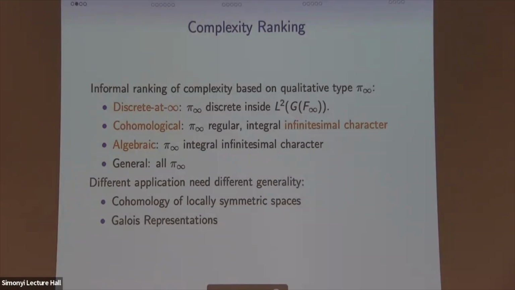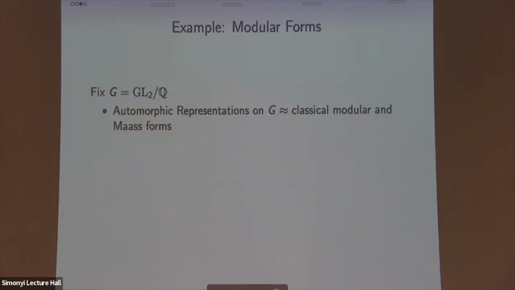Okay. Just as an example, we can talk about where the automorphic representations on GL2 over Q fit in this ladder, just to get a better understanding of this. As a reminder, automorphic representations on GL2 over the rational numbers are basically classical modular and Maass forms.